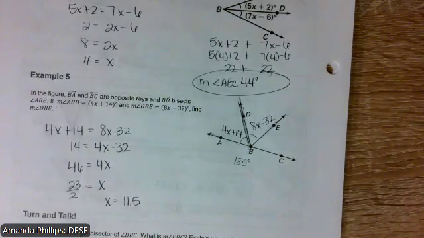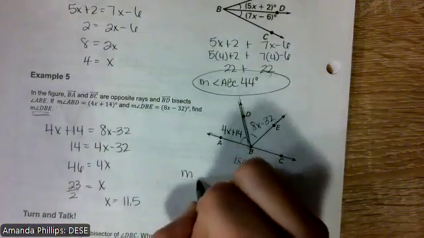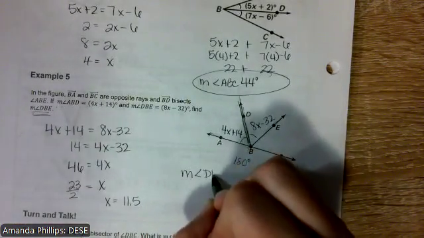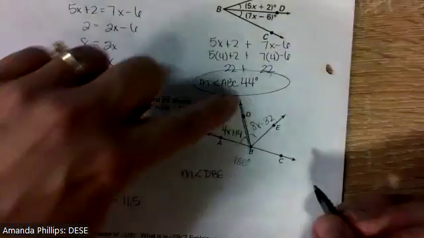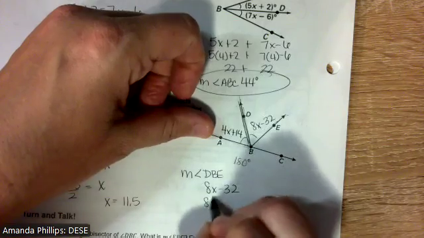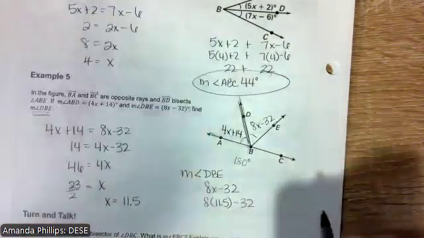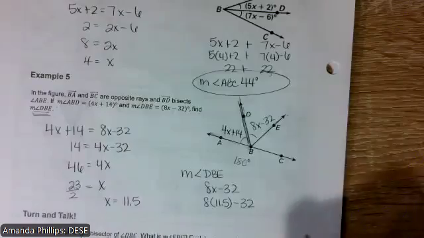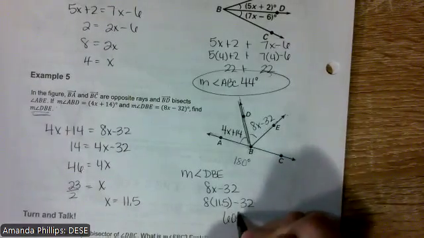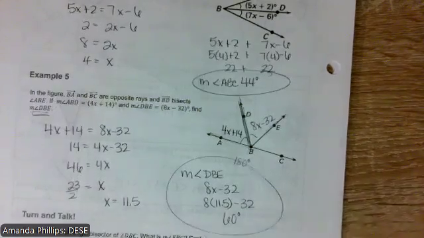Okay? Now, again, that is not my answer because my question is, what's the measure of angle DBE? So the measure of angle DBE is 8x minus 32. So let's just put that in there. 8 times 11.5 minus 32. And when you figure that out, you get 60 degrees. So the measure of angle DBE is 60 degrees.